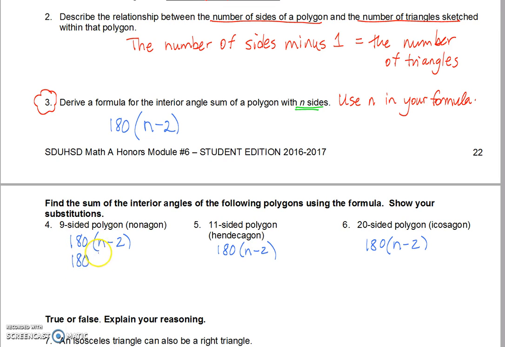So starting with the formula, and this is again a formula that's known all around the world, n minus 2, 180 times 7, and the final answer there is, I'm getting my calculator out in case you can't tell, 1,260 degrees. Be sure you put that degree symbol and box your answer.